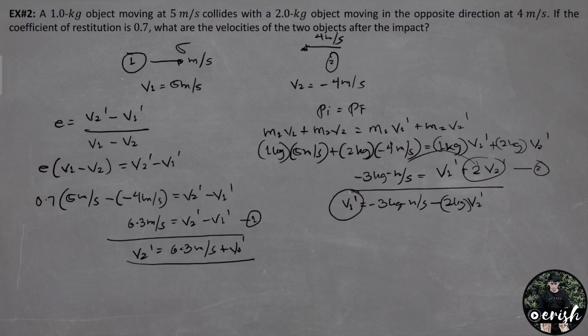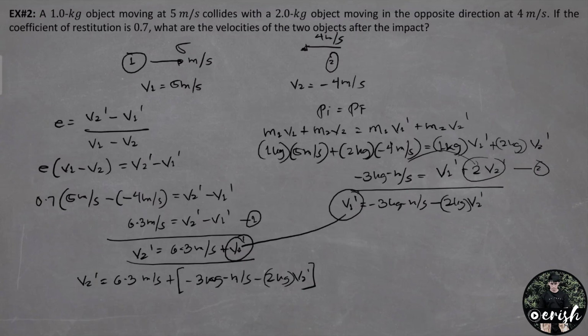Ito na yung value ng V1 prime natin, ilalagay na natin dito. So V2 prime is equal to 6.3 meters per second plus ang V1 prime na natin is negative 3 kilograms meters per second minus 2 kilograms V2 prime.